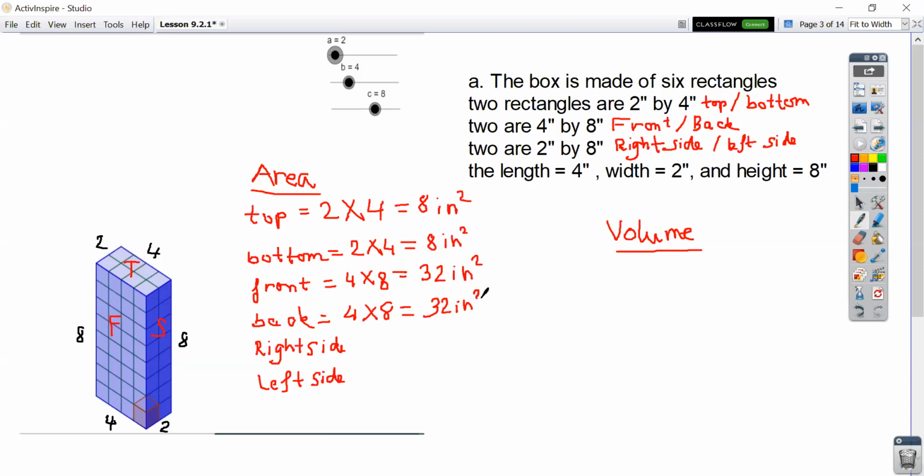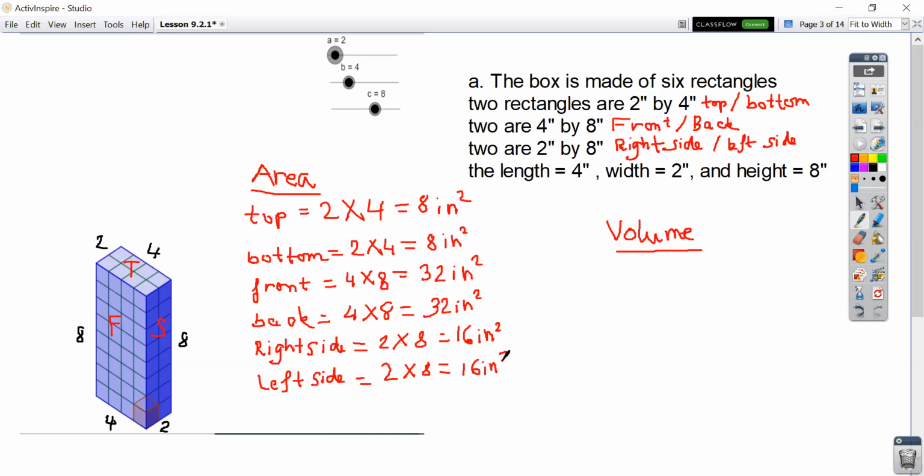The right side has 2 for the length. The base is 2, the height is 8. So you have base times height, 2 times 8, 16 inches squared units. The left side is the same answer as the right side, 2 times 8 equals 16 inches squared units.